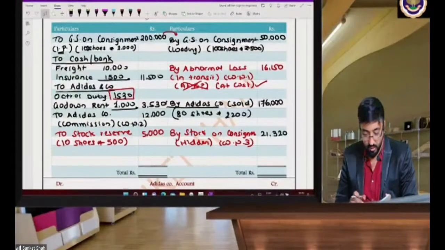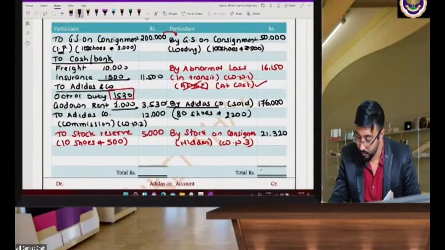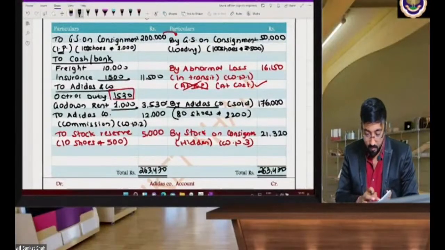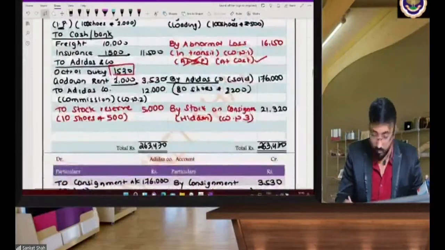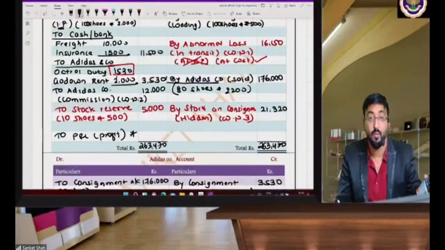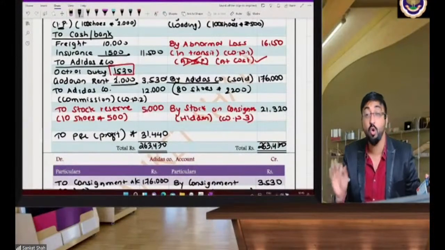So your answer is 263,470. 263,470 minus 5 minus 12 minus 3.53 minus 11.5 minus 200. I'm getting the profit of 31,550. So this profit you have to transfer at the end to the profit and loss account.